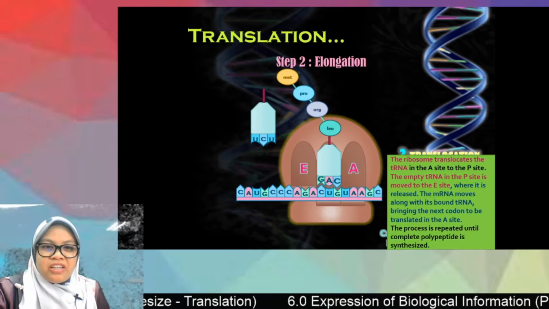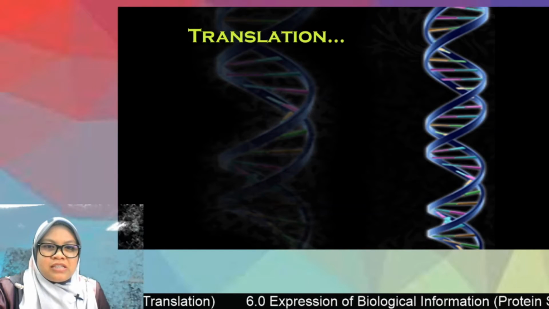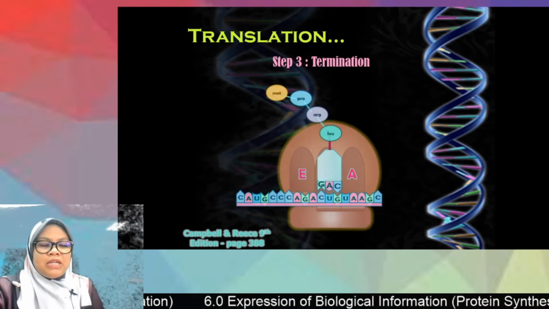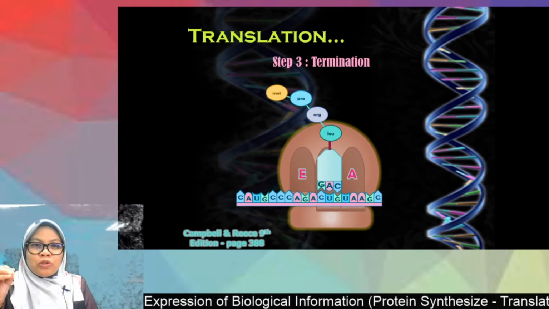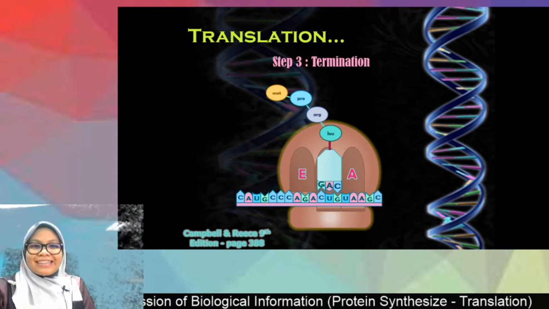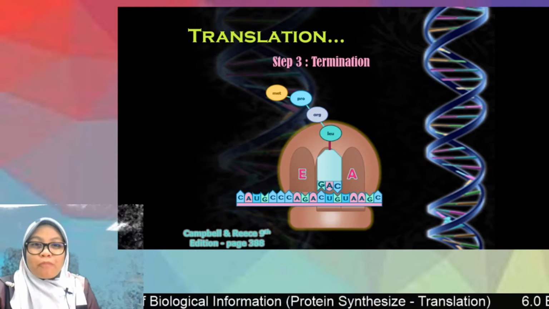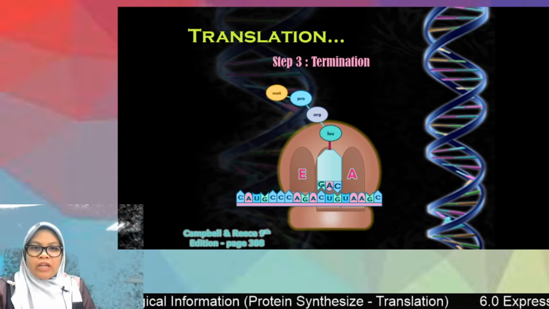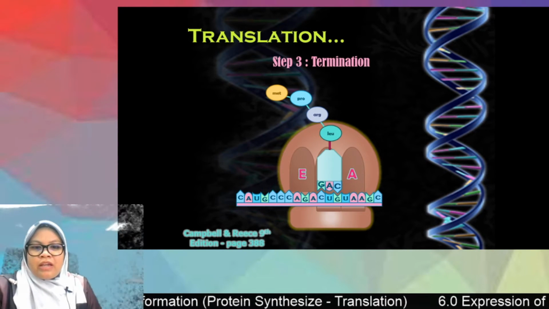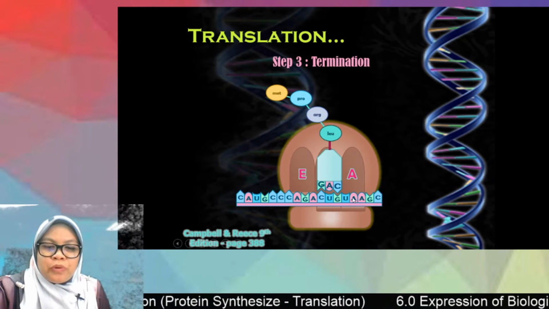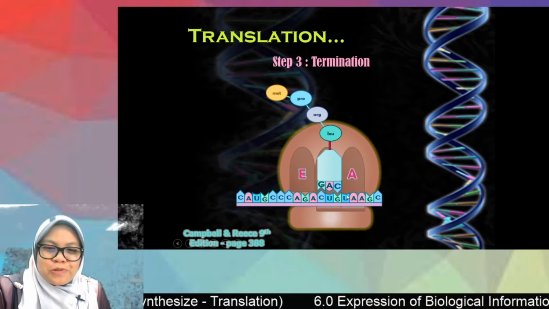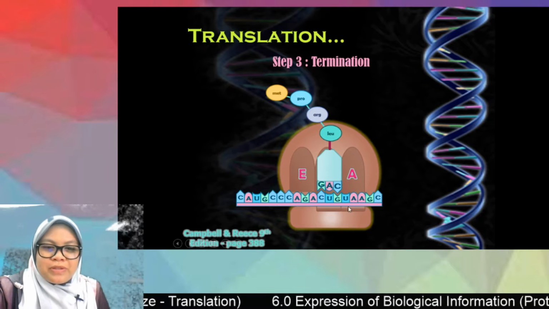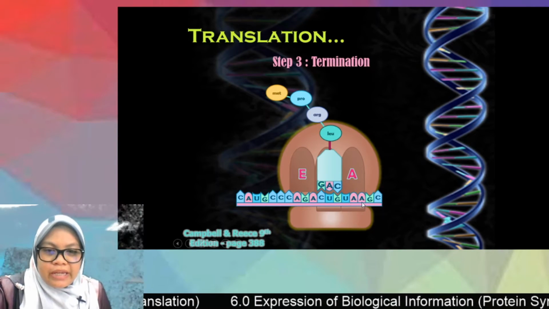Now we reach the third stage, which is termination. If you can remember, I asked you to memorize three stop codons: UAA, UGA, and UAG. Here is one of the stop codons, which is UAA.